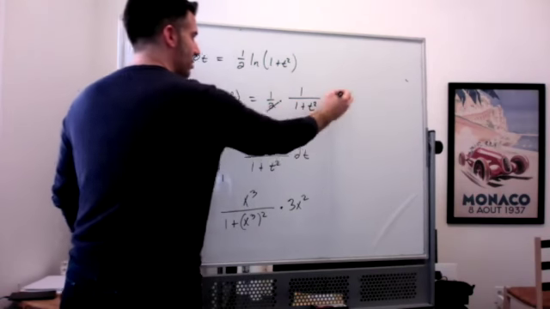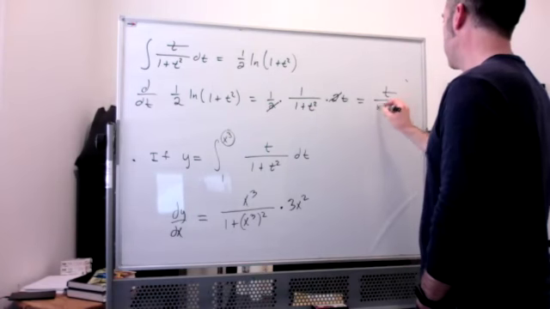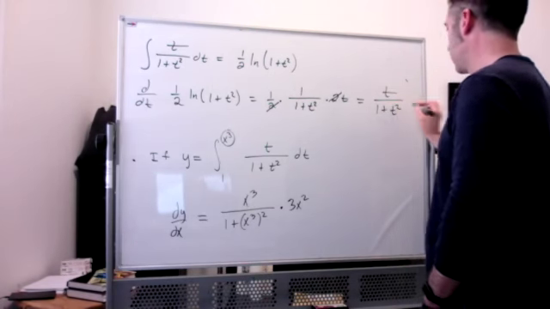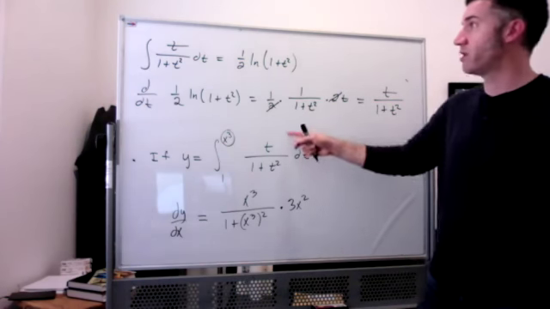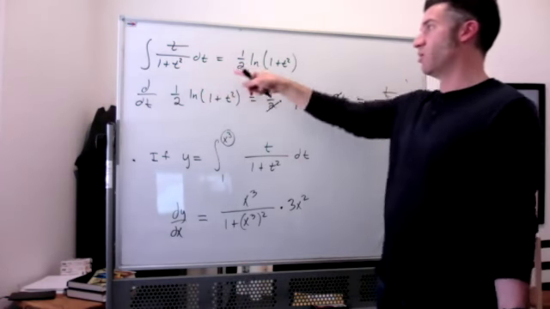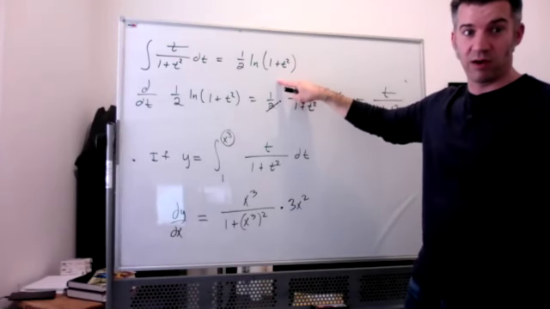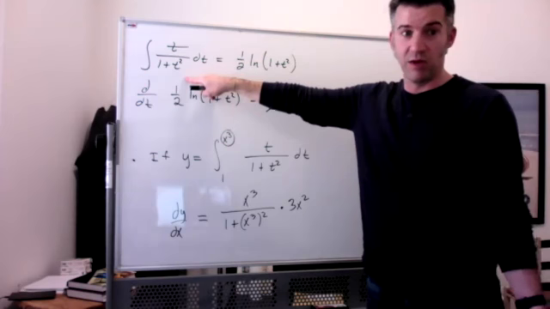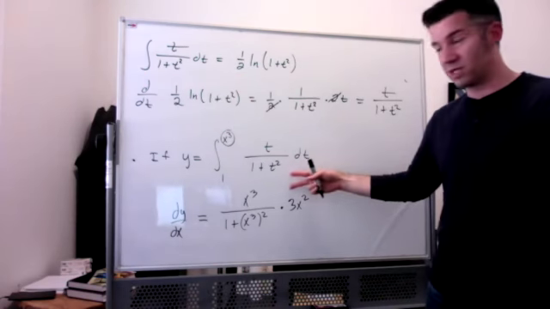A 2 cancels, and then I can write this as t over 1 plus t squared. So it is true that the antiderivative of t over 1 plus t squared is 1/2 natural log of 1 plus t squared, because the derivative of 1/2 natural log of 1 plus t squared is equal to t over 1 plus t squared. Okay, so now we're going to try doing this one the long way.